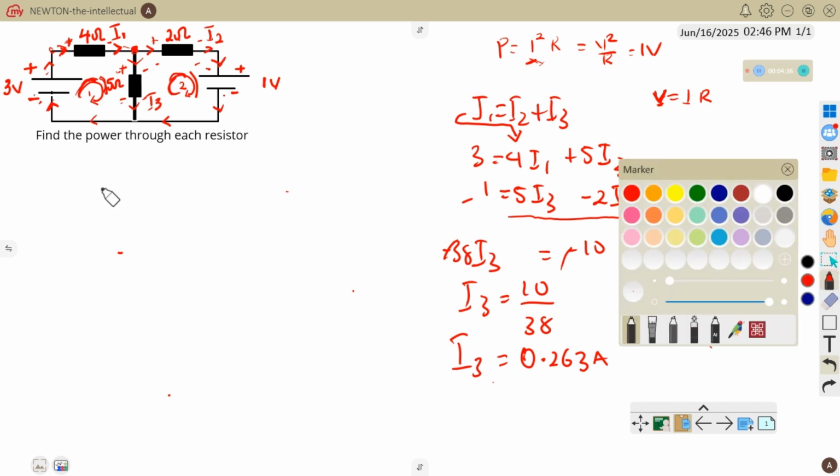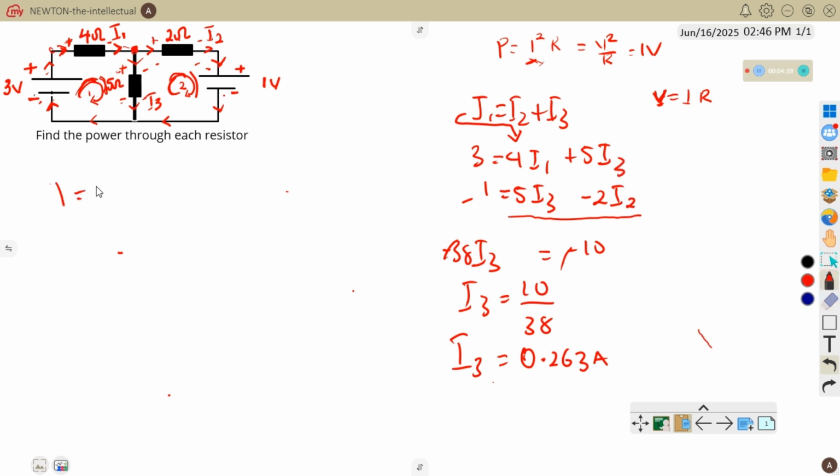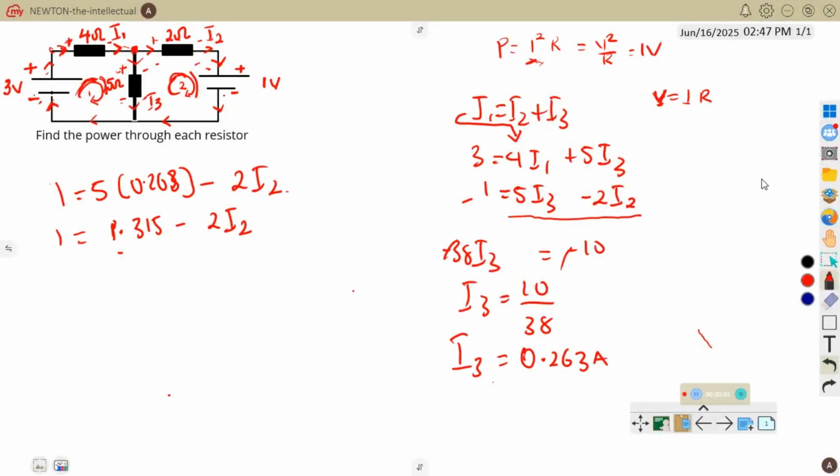So now we are saying that 1 is equal to 5I3, and I3 is 0.263, minus 2I2. So 1 is equal to 5 times 0.263. That gives us 1.315 minus 2I2.